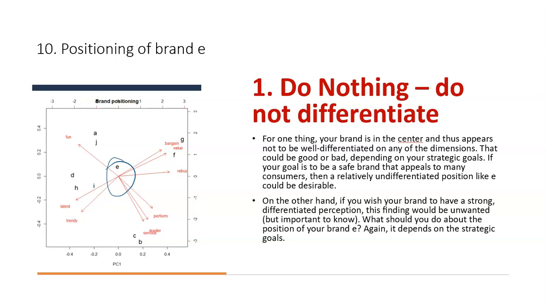If your goal is to be a safe brand that appeals to many consumers, then a relatively undifferentiated position like E could be desirable. On the other hand, if you wish your brand to have a strong differentiated perception, this finding would be unwanted. What should you do about the position of your brand E? Again, it depends on the strategic goals.